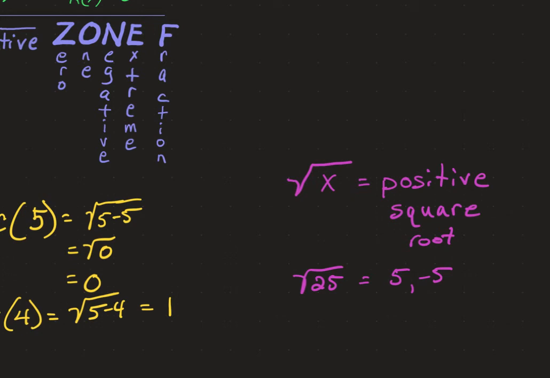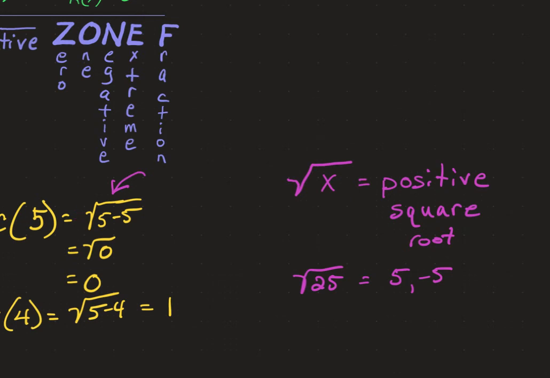Yes, 5 and negative 5 are both square roots of 25, but if you are given a function in which the square root is written without a plus or minus in front of the radical, it means only consider the positive square root.